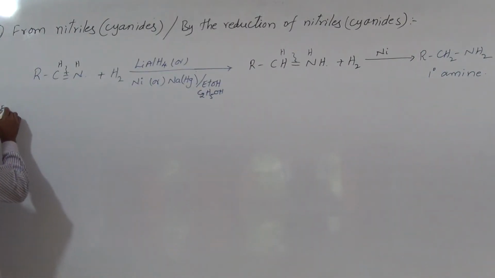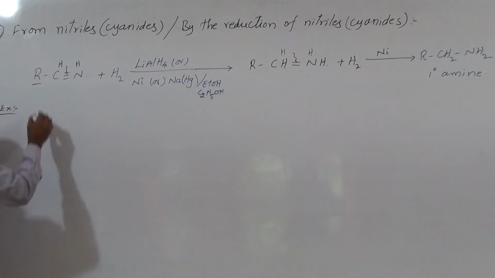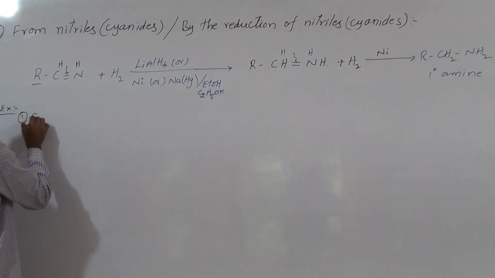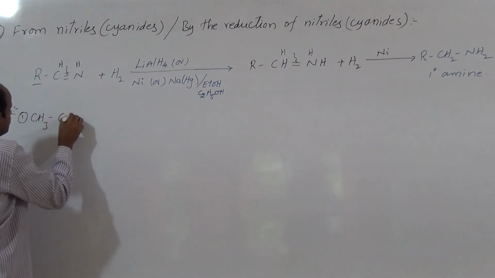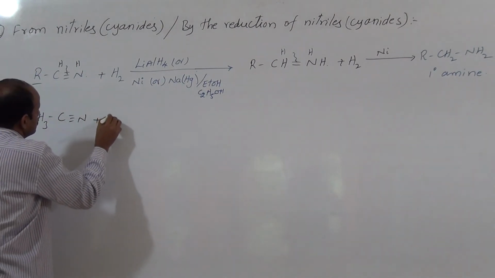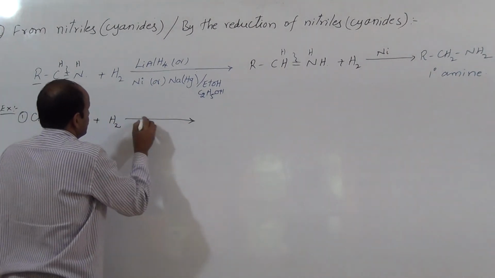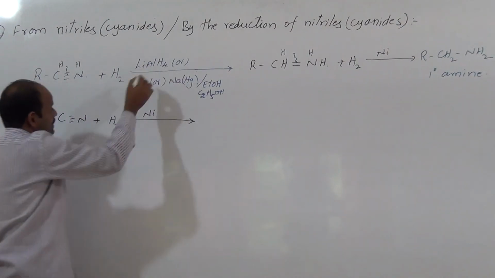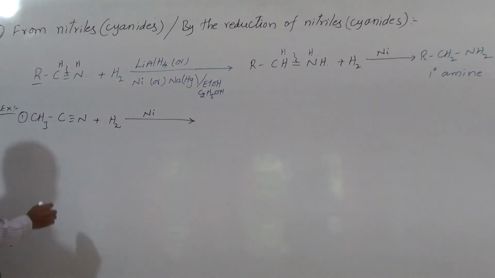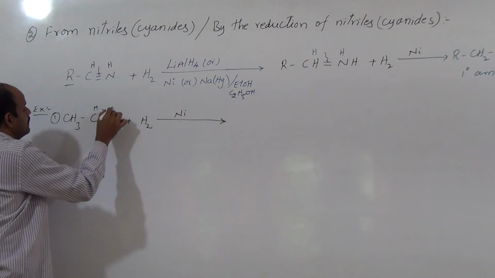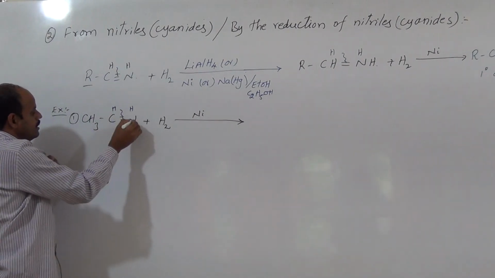Example, R means you can take any alkyl group. CH3, C triple bond N, which undergoes reduction in the presence of any reducing catalyst. Then one bond will break down. Then hydrogens are added to this side.